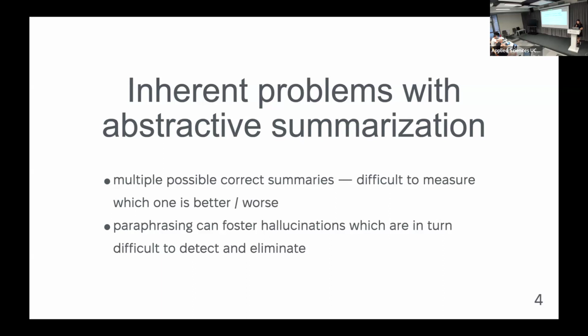And also, another problem is that this abstractiveness can foster hallucinations, because for the model, different words in the input text and in the summary on which the model is trained, the model probably cannot understand that these things are related, and it just learns to invent words that were not present in the input text.